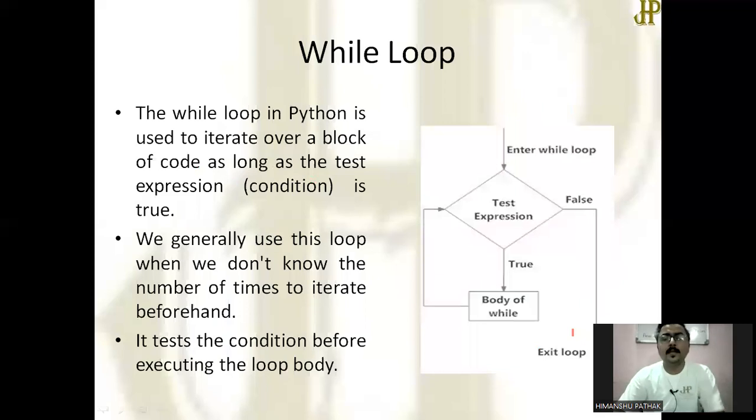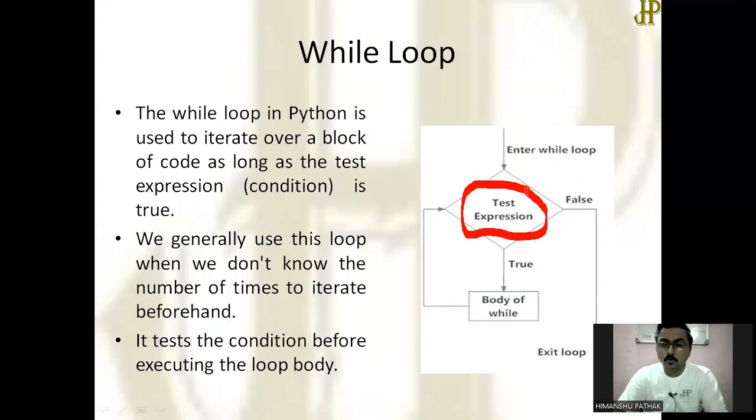Now, the second option is the while loop. The while loop in Python is used to iterate over a block of code as long as the test expression is true. That's it. This is the same as in any other language. Entering the while loop, the test condition will be checked first.